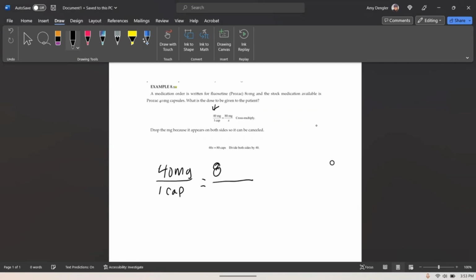We want to give the patient 80 milligrams, and we're going to make sure that our units match across. And it doesn't matter if you wanted to put the 80 over X on this side or the 40 over 1 here, because they're equal to each other.